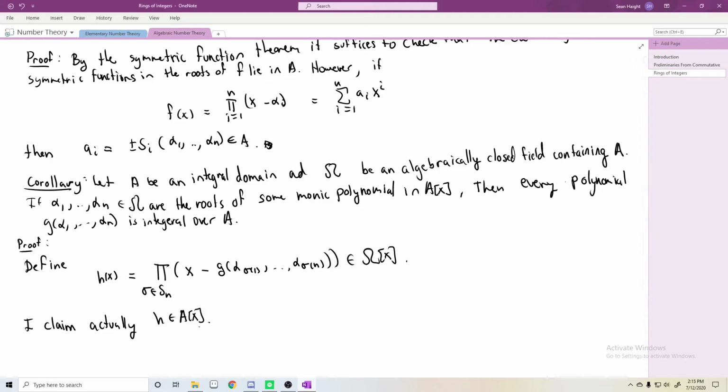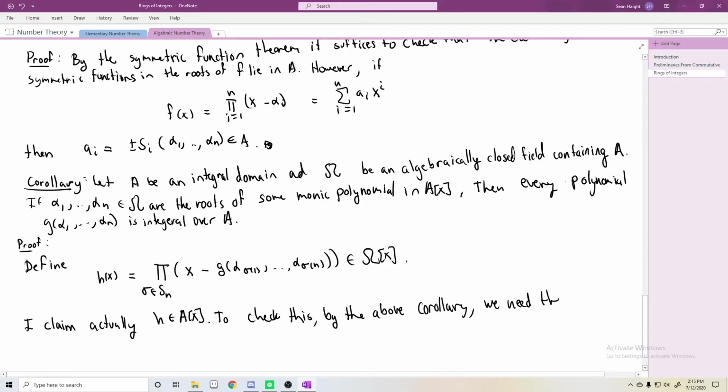So to check this, what do I have to do? By the above corollary, I guess maybe it's not so much that we need, it suffices to show that every coefficient is a symmetric polynomial in the roots.